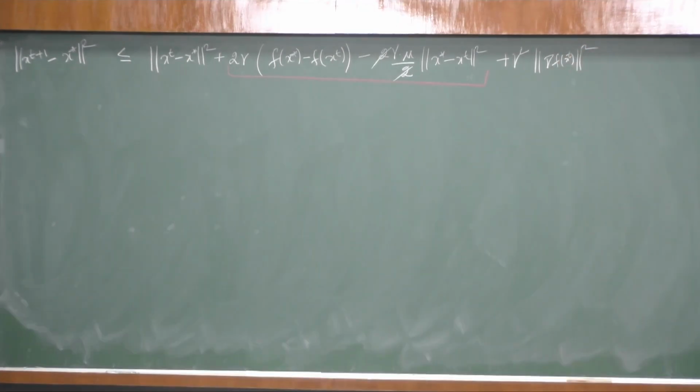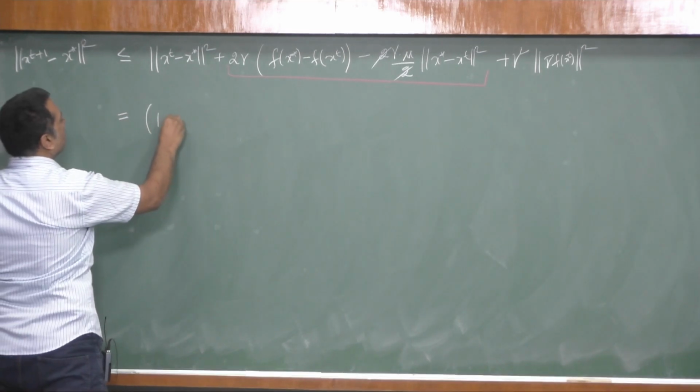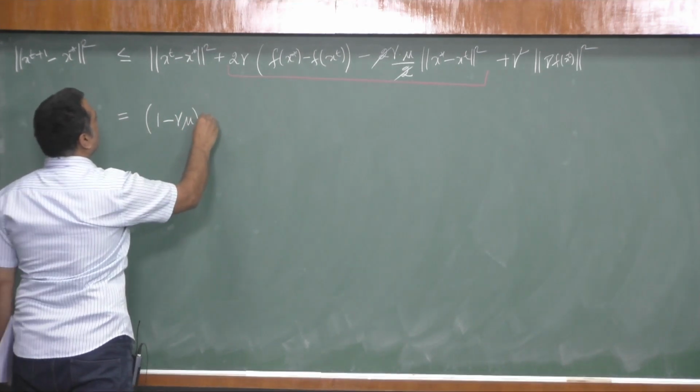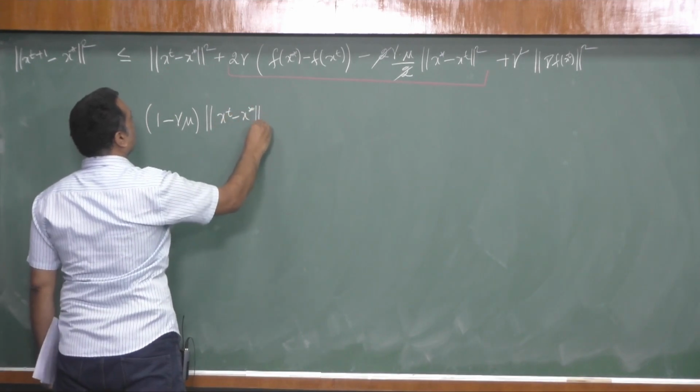So something common seems to be there. x star minus xt or xt minus x star both are the same term because they are in the norm. So this will be equal to 1 minus gamma mu norm of xt minus x star, that I have taken common now.